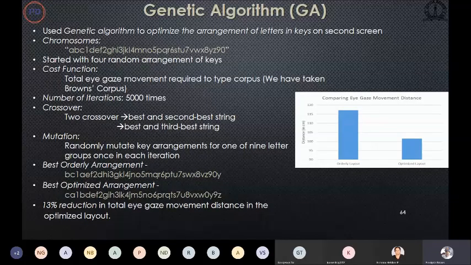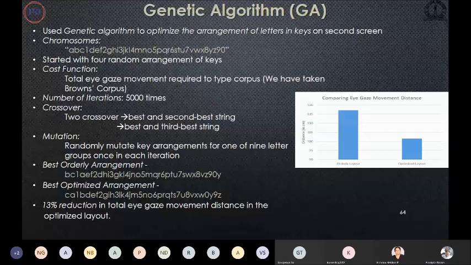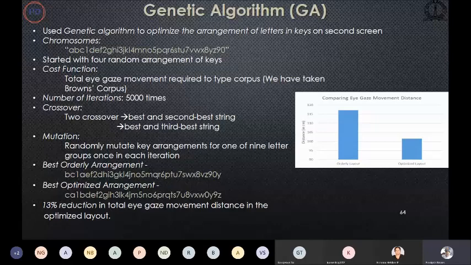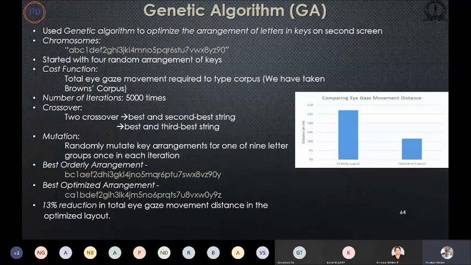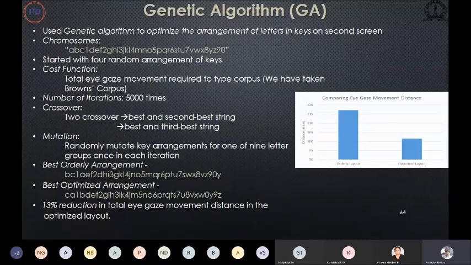Corpus means a standard set of text, and we iterated the algorithm 5,000 times. The output of the genetic algorithm was a string sequence, which is written below, CA1BDF2, which happens to reduce the total eye movement distance or total time by 13% compared to the orderly arrangement.